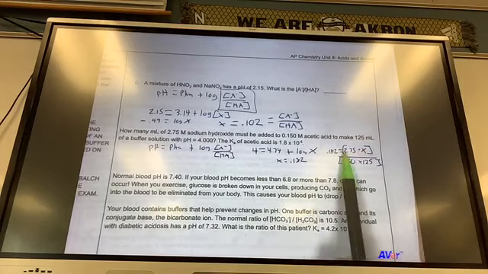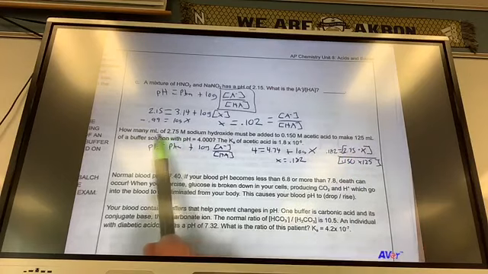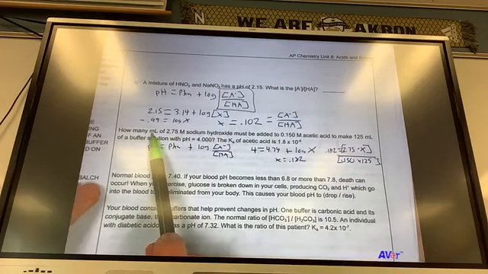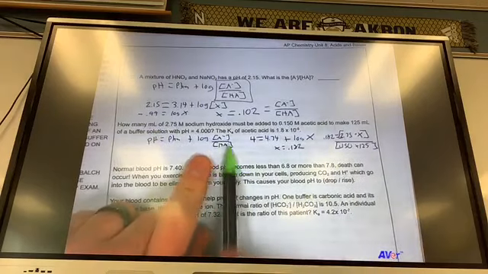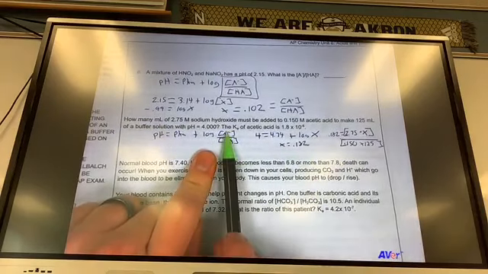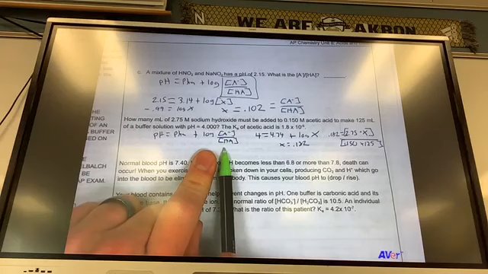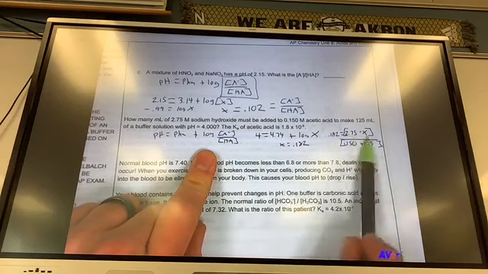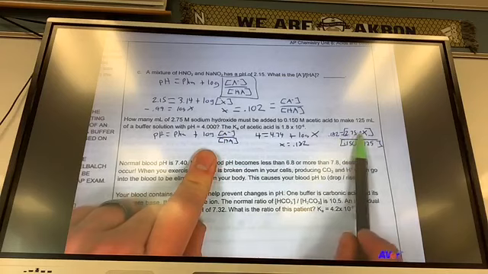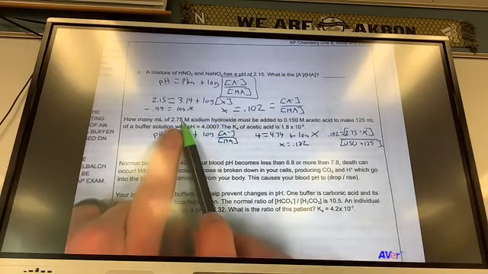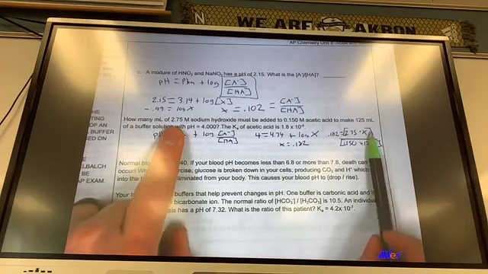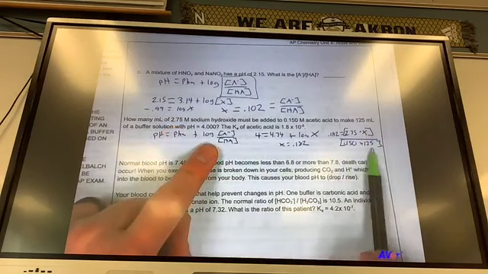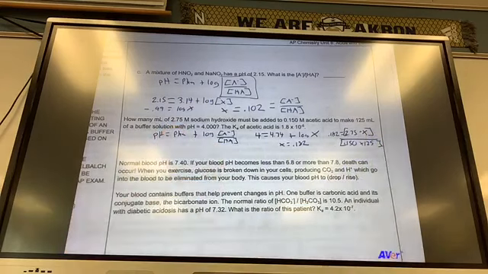These numbers? 2.75 molar. I'm trying to figure out how many milliliters. This equation? I solved for x, which was A minus over HA. So I'm saying 0.182 is A minus, which would be the concentration of 2.75 times milliliters over 0.150 times milliliters. You can convert it to liters, it's going to be the same thing, same ratio.